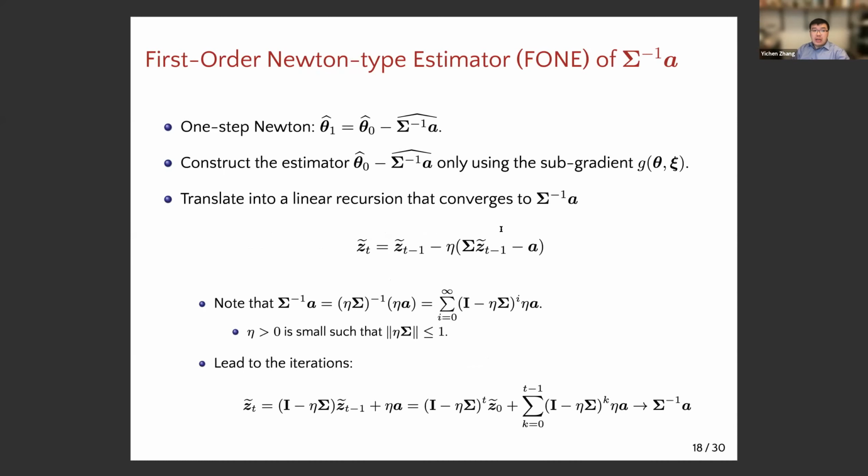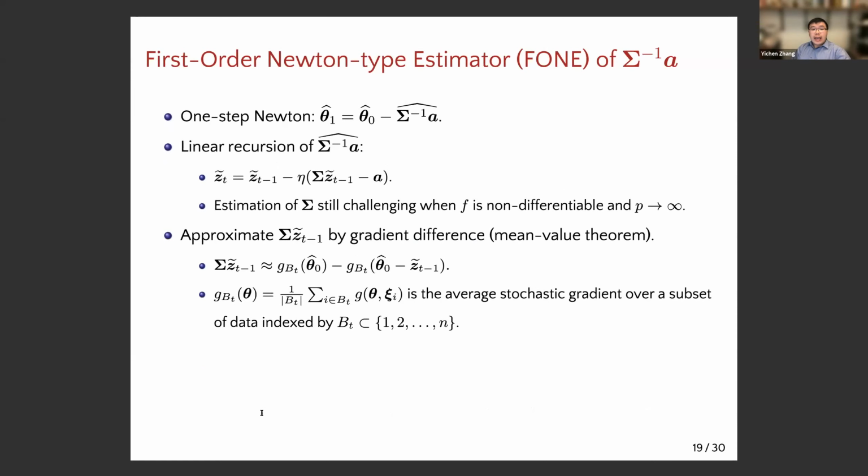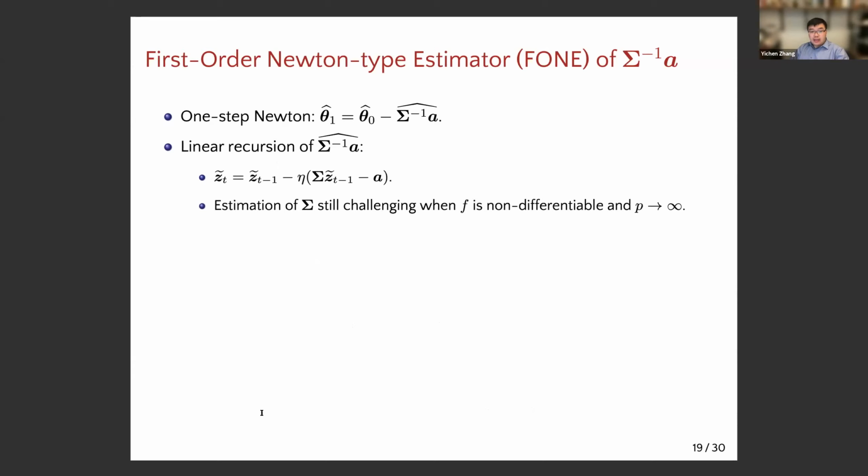So we propose a method called the first order Newton type estimator. I will skip the details on how to create this estimator, but the spirit of that is to create a linear recursion that could solve sigma z equals A. Solving sigma z equals A would generate z equals sigma inverse A. So we use this recursion to approach sigma inverse A. Here are some details of how to show that the tilde would converge to sigma inverse A. With that on hand, we can estimate sigma inverse A using a linear recursion.